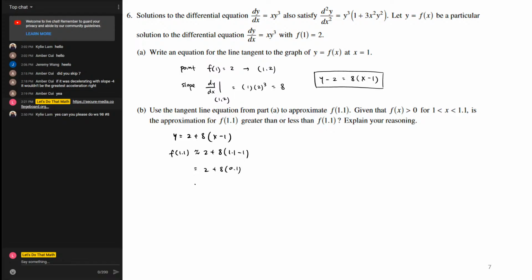That's going to be 2.8. So f(1.1) is approximately 2.8. Next, it's asking you, is this greater than or less than f(1.1)?